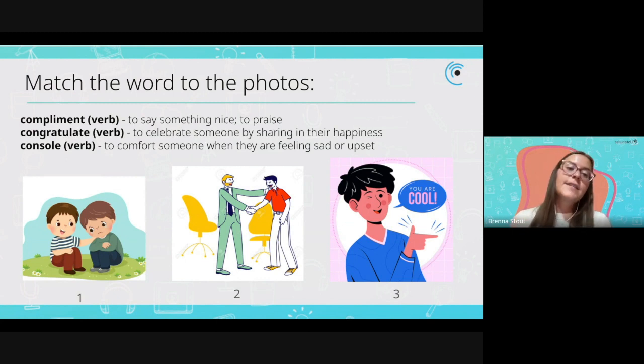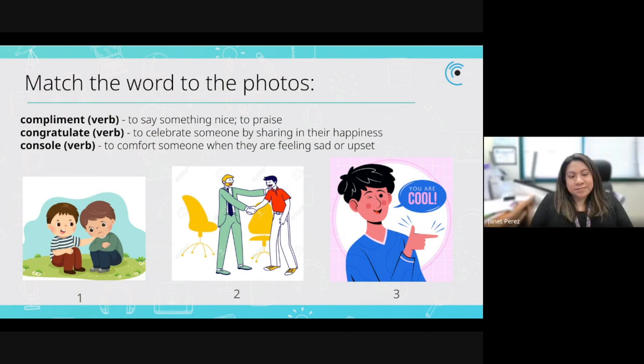And our last verb, console. It means to comfort someone when they are feeling sad or upset. Console. It's a verb. It's something that you do. Okay, Janet, so which picture do you think shows someone consoling someone else? Picture number 1 shows someone consoling another person.